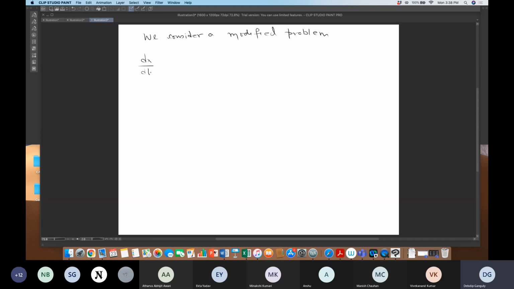Del x by del t is equal to 1. Del y by del t equal to x. And del z by del t is equal to z square. Actually, we are considering the same problem, ux plus x uy is equal to u square, u0 of y is equal to some different h of y. So we solve this problem, right?